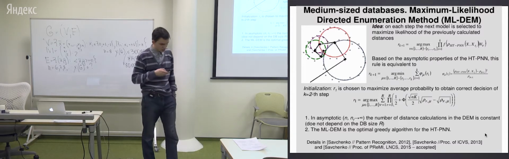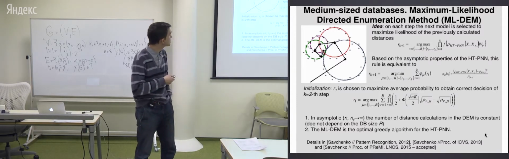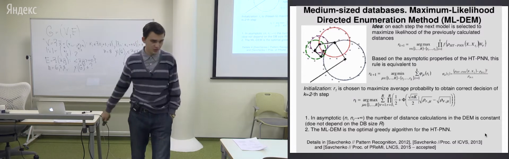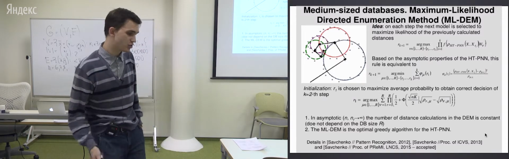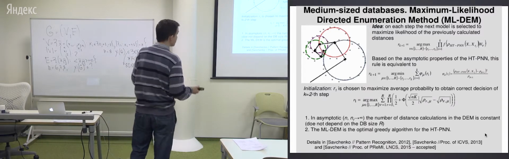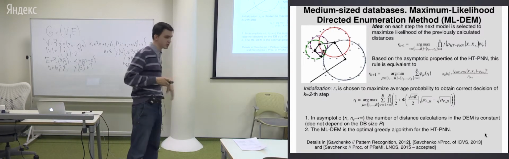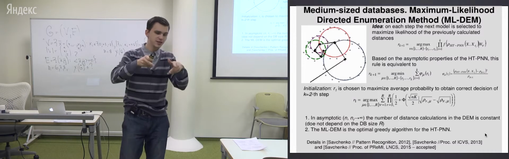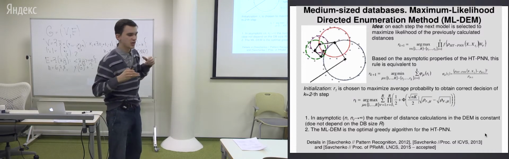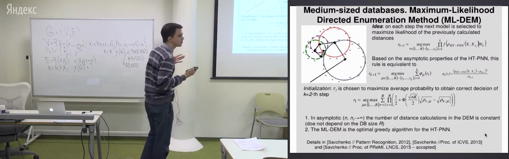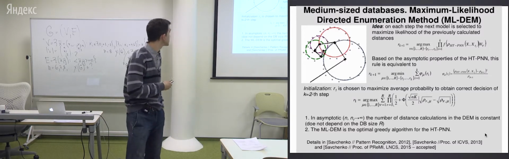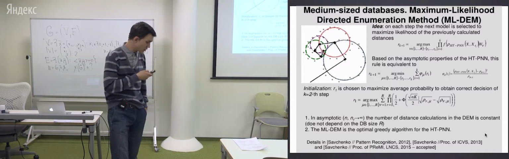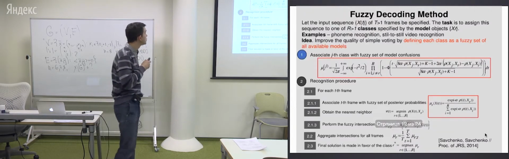So we use this to estimate probabilities and to perform the so-called maximal likelihood search of the next model to check. So we calculate several distances between previous objects, and we need to find the next model for which is the maximal likelihood in terms of our previously calculated distances. And we show that it can be implemented quite easily for our approach.